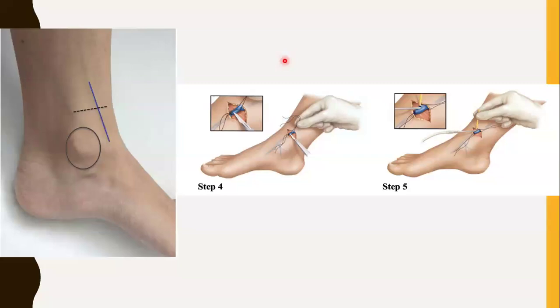Now, venous cut down is a procedure of dissecting out a vein, identifying the vein, cannulating that vein to perhaps administer fluid in an emergency situation.